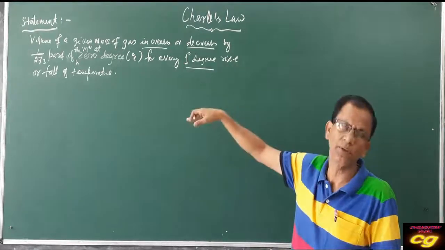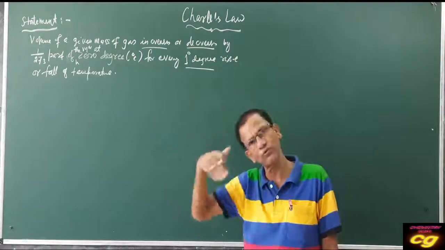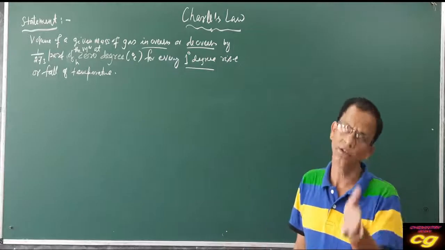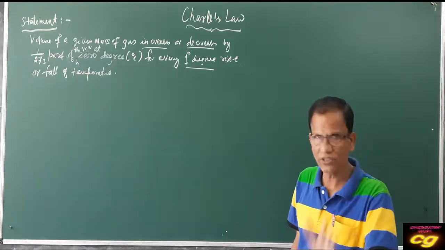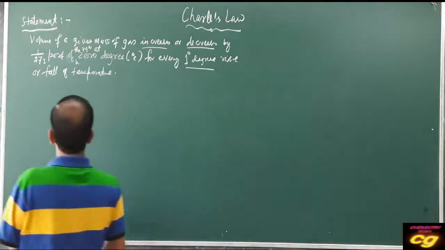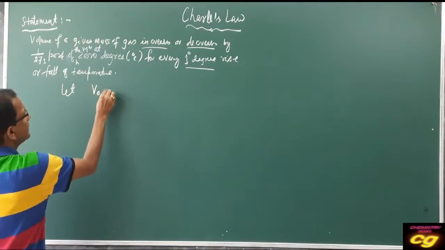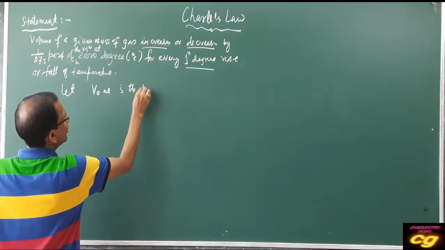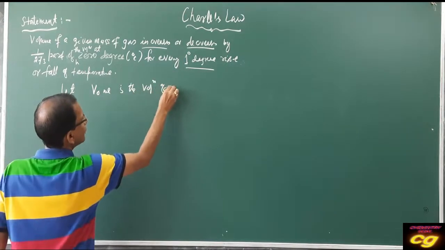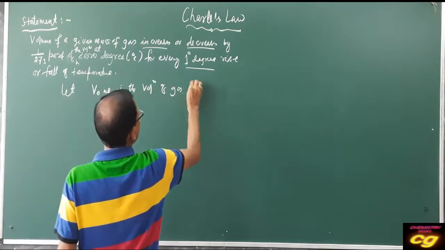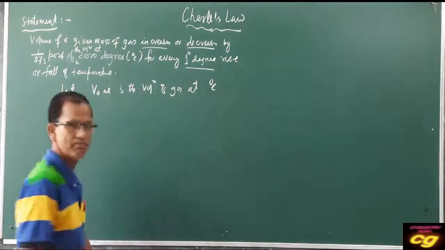For decreasing temperature, the volume will decrease by 1/273 of the volume at 0 degree Celsius. So let V0 ml be the volume of gas at 0 degree Celsius.